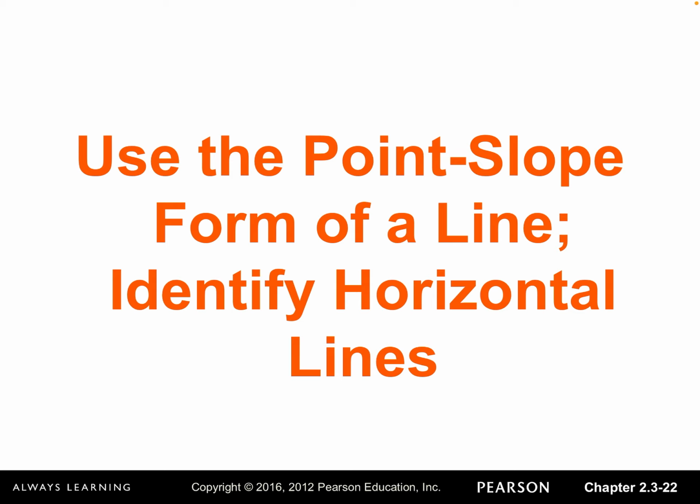Next, let's see how to use point slope form of a line. Okay, how to use point slope form to identify a line equation and how to identify a horizontal line. So earlier we graphed: if we know a point and we know the slope, then we can identify additional points on the line so we can draw the line, right?